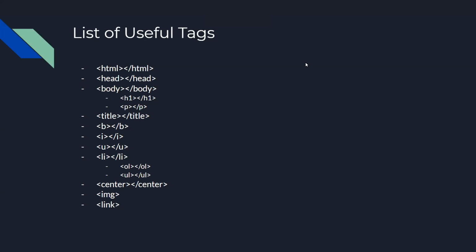Now we're getting more into the text and fonts. We have the B tag. If you wrap that around some content, like some text, it will bolden it. It goes the same for I tags and U tags. I tags will italicize your text, and U tags will underline your text. We have additional capabilities of lists, like listing things in order.